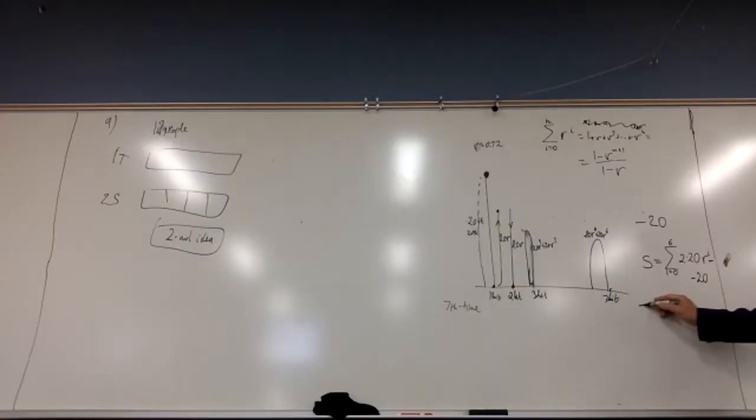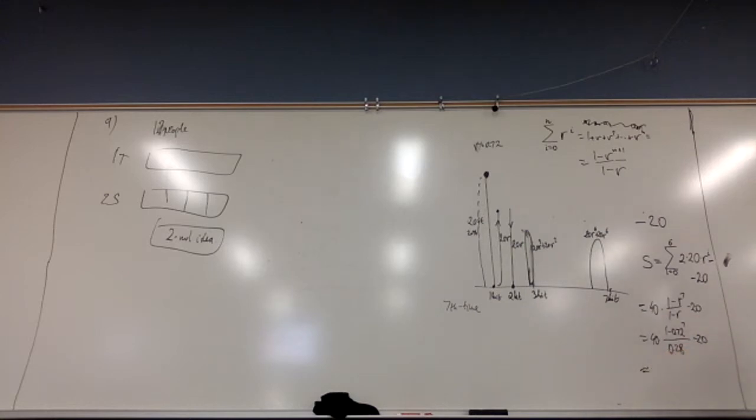Now we factor out 40 and apply the formula: 1 minus R to the 7 over 1 minus R, and minus 20. That would be 40 times, with R being 0.72, 1 minus 0.72 is 0.28, and minus 20.